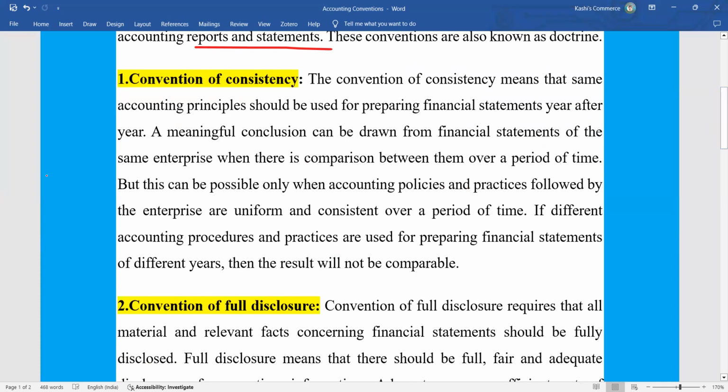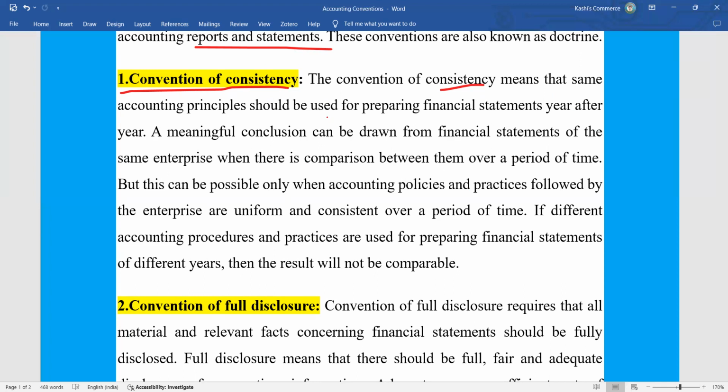Coming to the first one, convention of consistency. Here consistency means the same rule we have to follow for the entire accounting period.